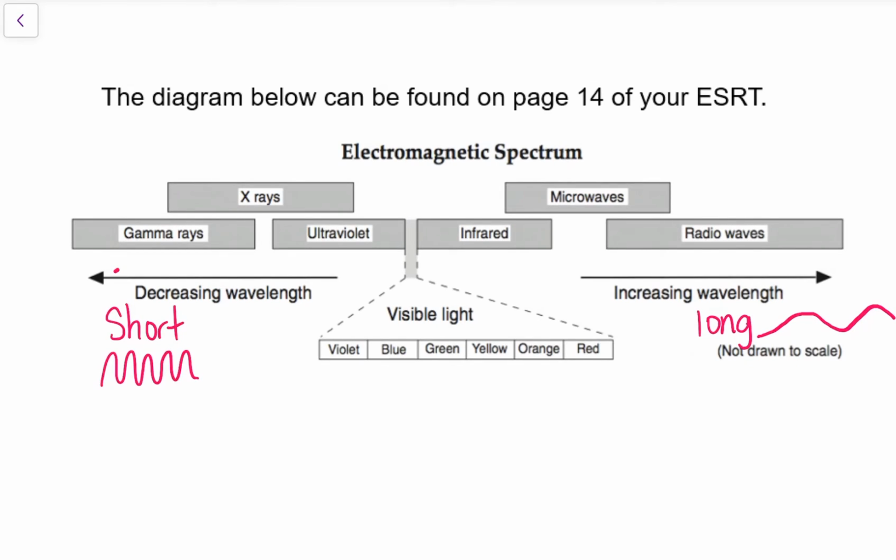So if we were to read this straight across, we would go gamma ray, X-ray, ultraviolet, then down to violet, blue, green, yellow, orange, red, and then back up here to continue infrared, microwaves, and then radio waves. So if we're going to compare and contrast, we can say infrared waves have a shorter wavelength than radio waves, because radio waves, according to this chart, have the longest wavelength.